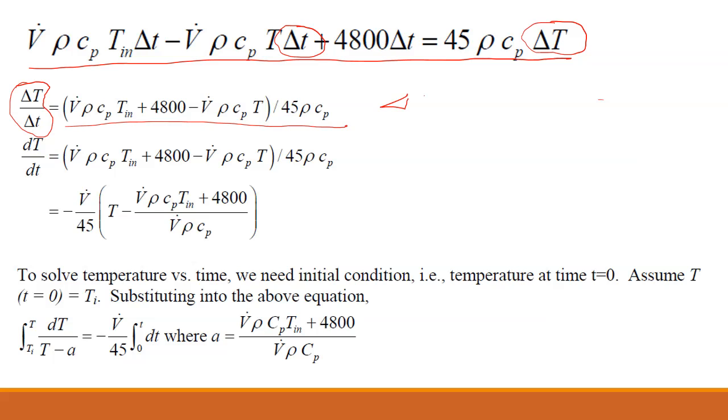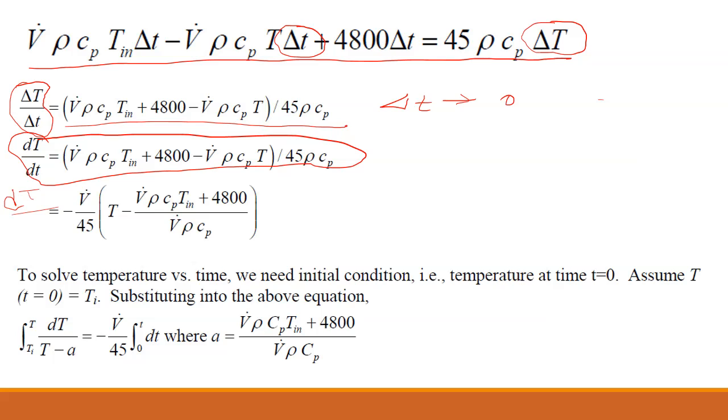Now we make delta T go to 0. That will give me the differential equation that we see here. So dT over dt equal to this is my final equation.